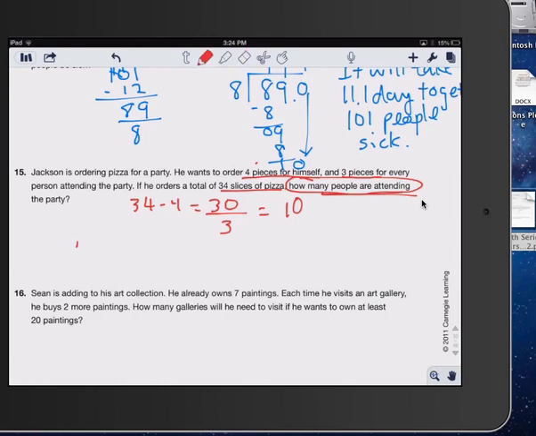How many people are attending? Jackson will have 10 people attending the party.